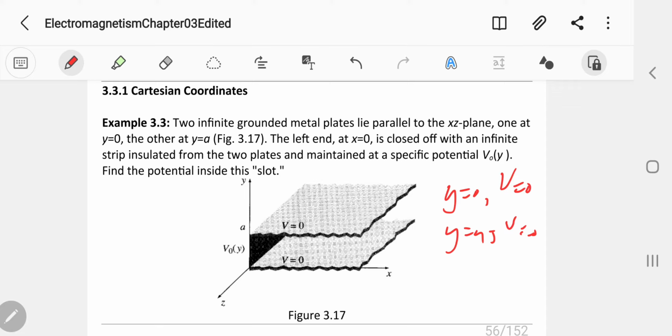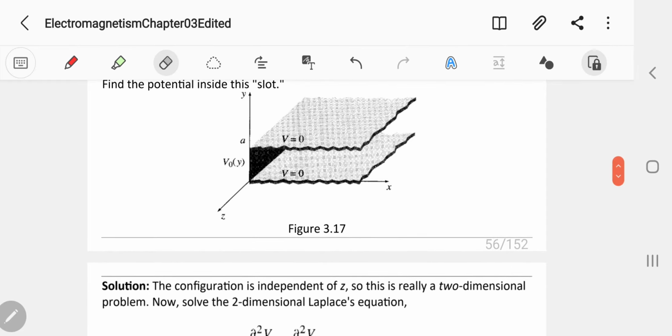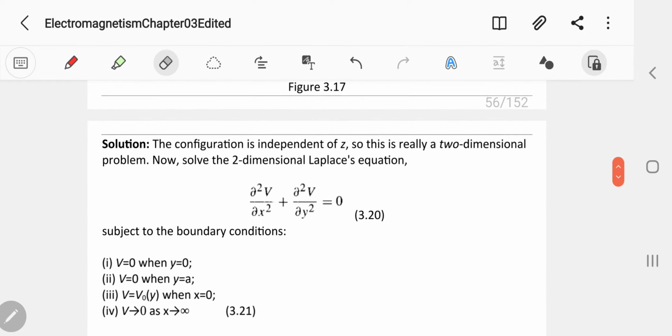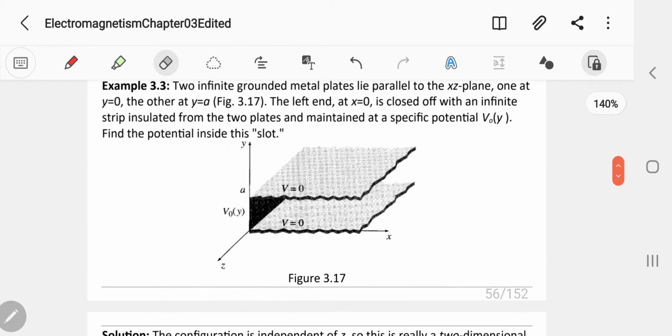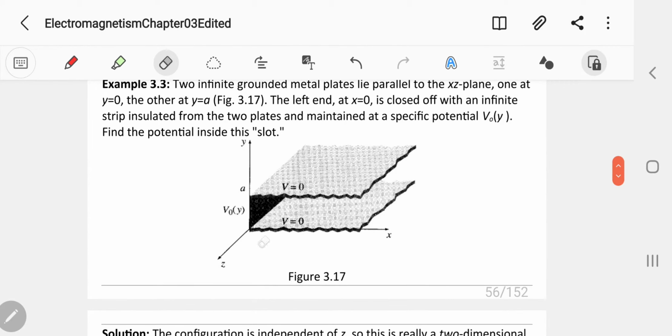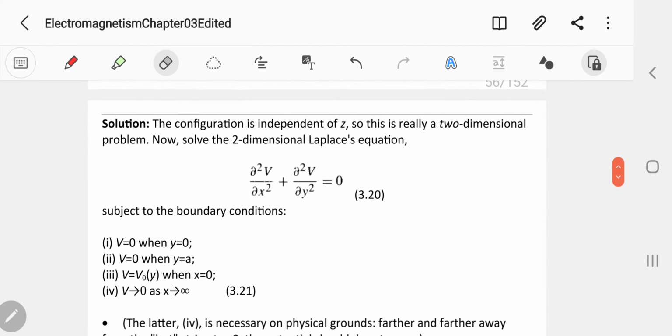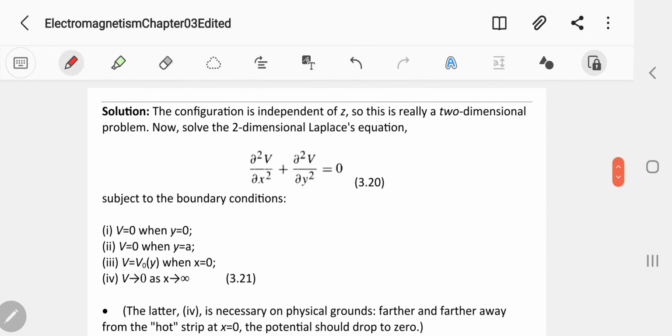Now, we have to use those boundaries and find the potential that will satisfy all of them. In this case, our potential does not depend on z, because z extends to infinity, so the Laplace's equation involves just x and y.